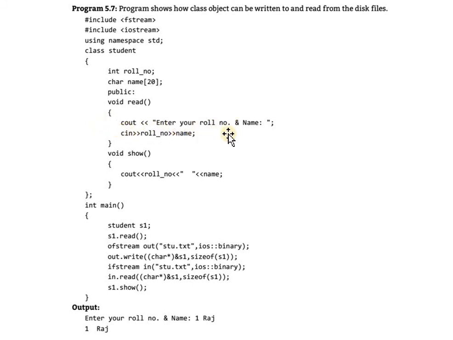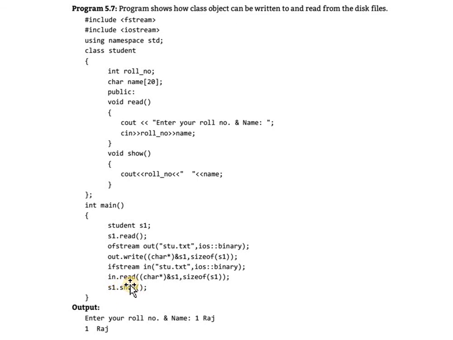That roll number and name is written to the file by using the ofstream function, and by using the read function we copy the contents of that particular object, that means roll number and name, and that roll number and name is shown by the object calling the show function.